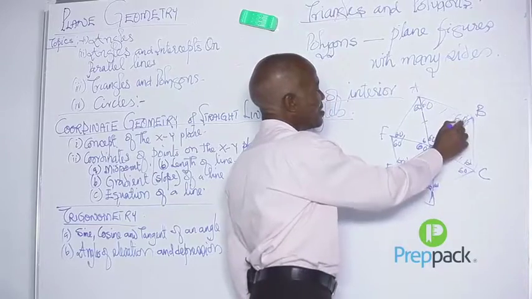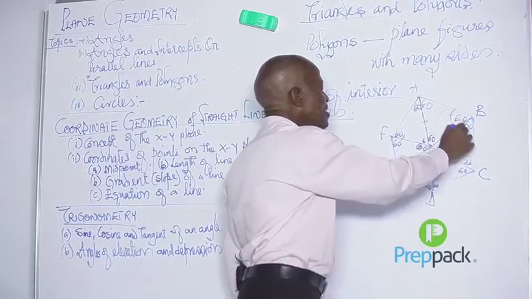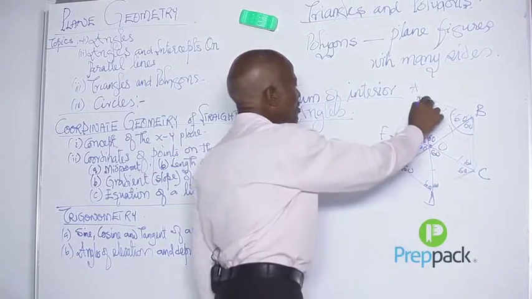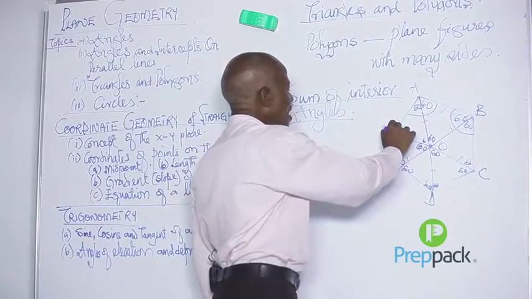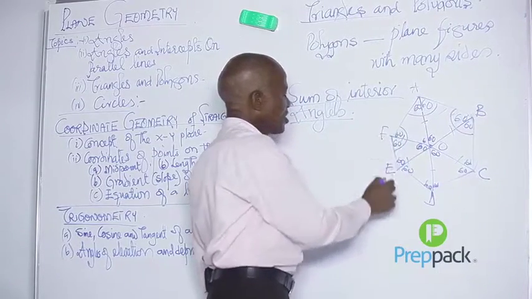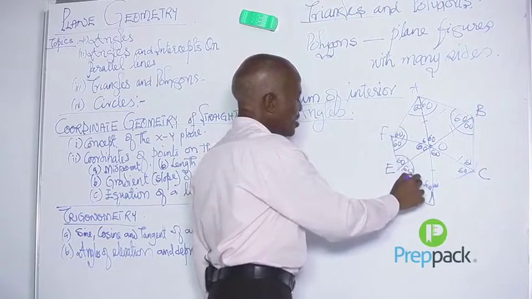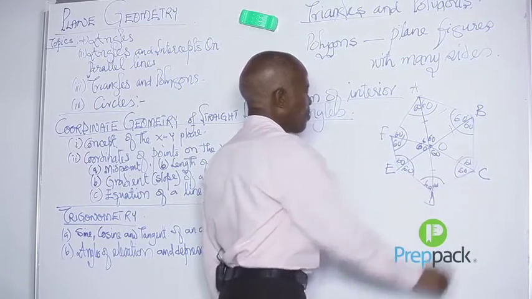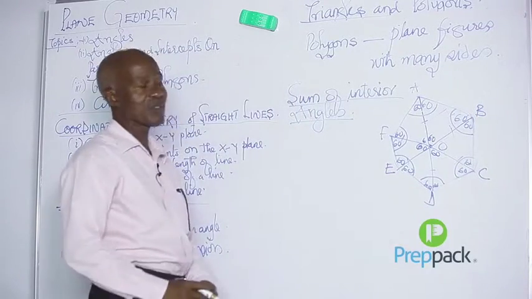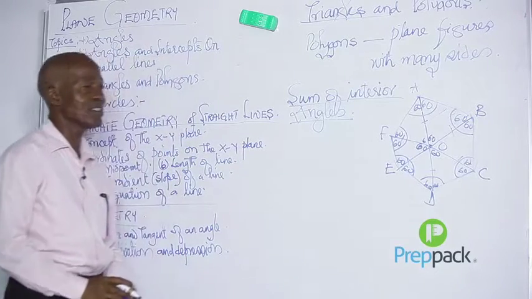All right. Meaning that each of these interior angles adds up: 60 plus 60, that's 120 degrees.